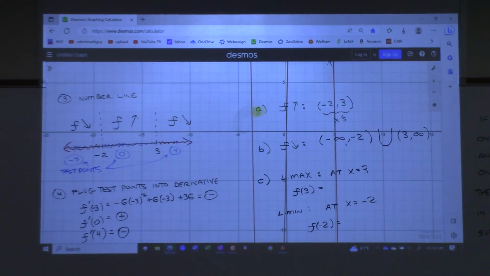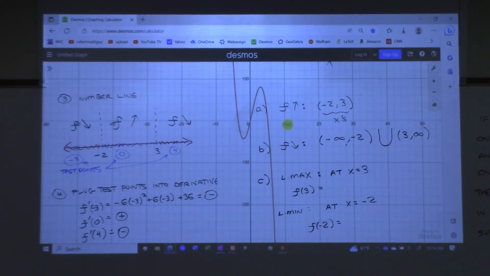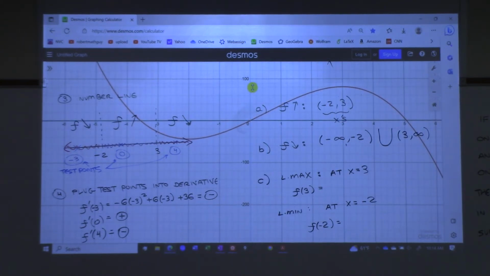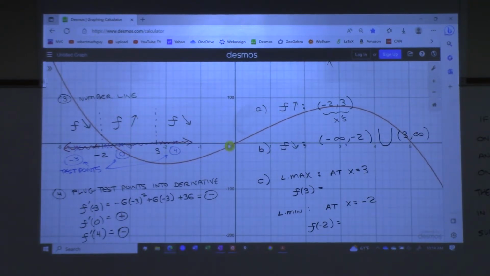So I'm going to zoom it out here. Okay. So there's the graph. Can you all see that all right?